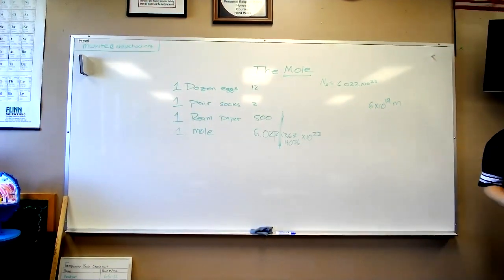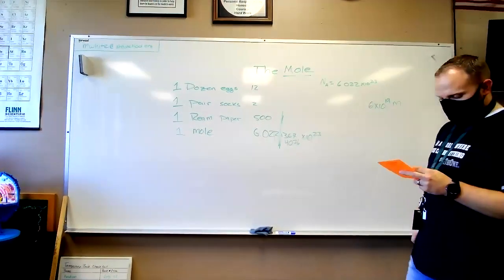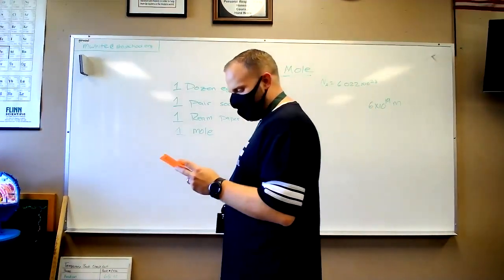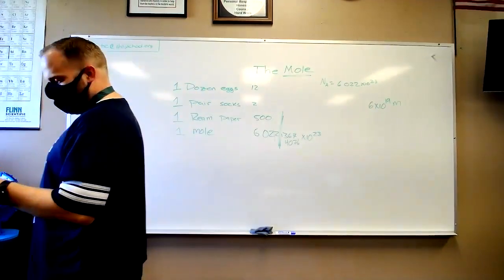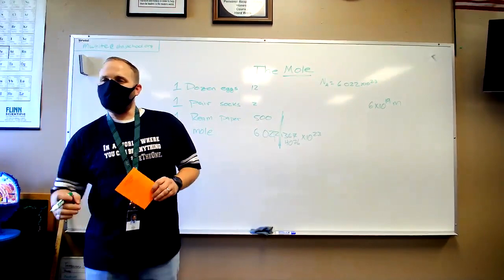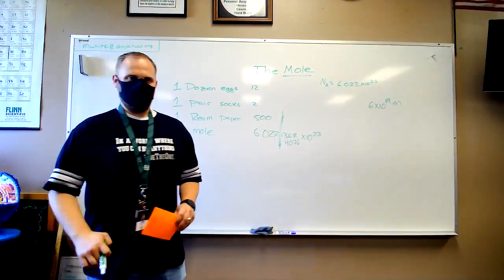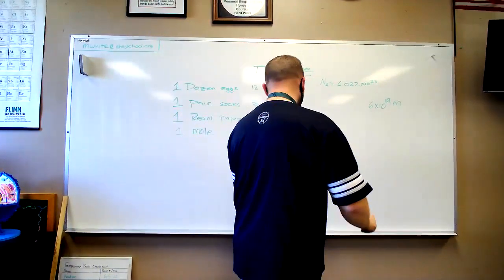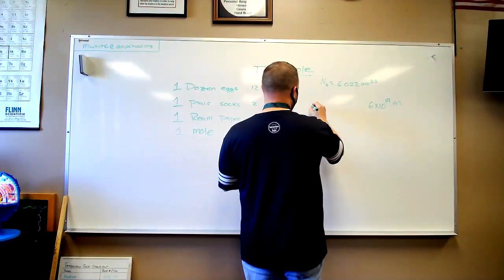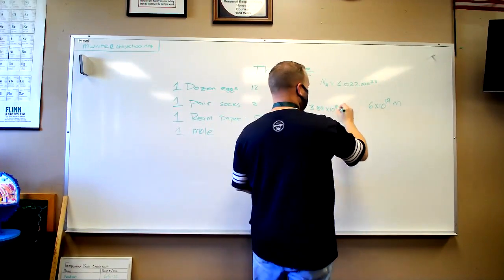So just to give you a little bit of reference as to what that distance means. Let's say we want to measure the distance from the Earth, I don't know, to the moon. The distance from the Earth to the moon is approximately 3.84 times 10 to the 8th.